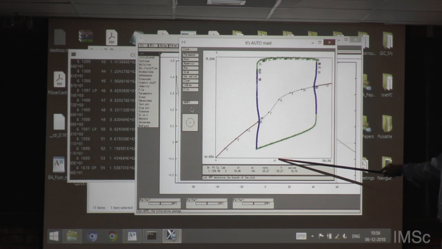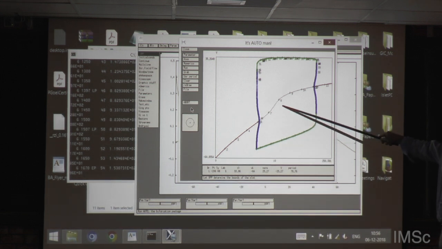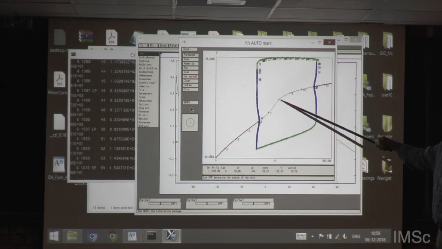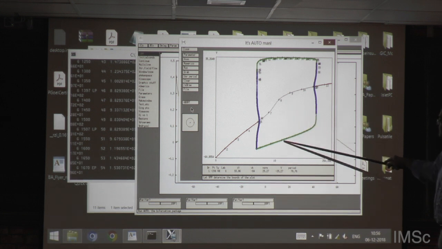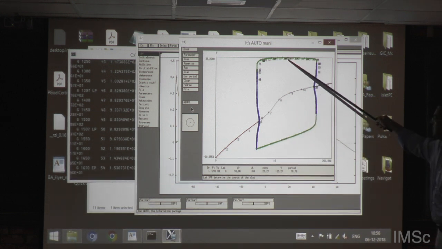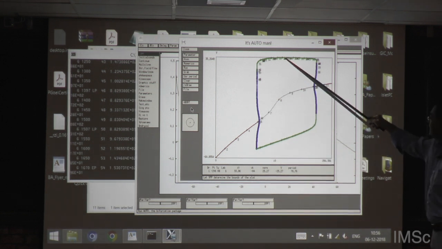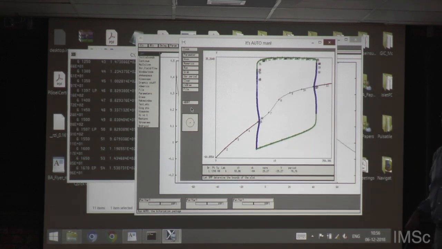If I pick this parameter value I0 and I pass like so, I will find my unstable fixed point, and I will also find these two points corresponding to the maximum and minimum. Remember your high and low, maximum and minimum of a periodic orbit at that value of I0.